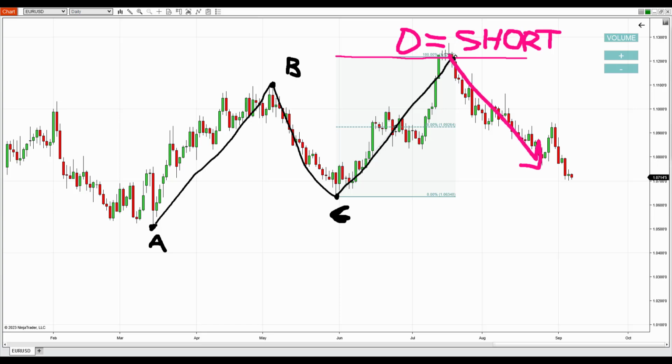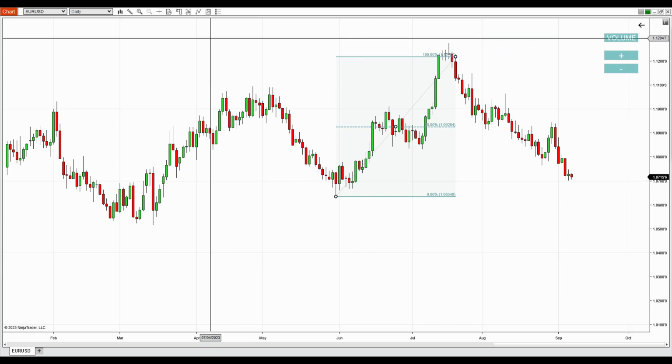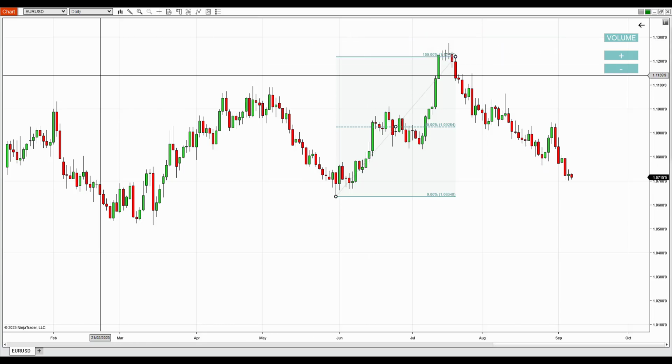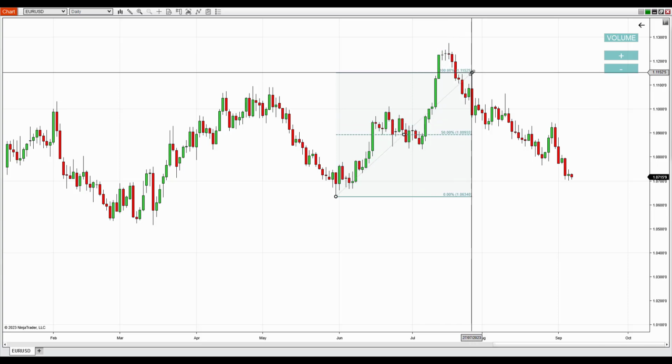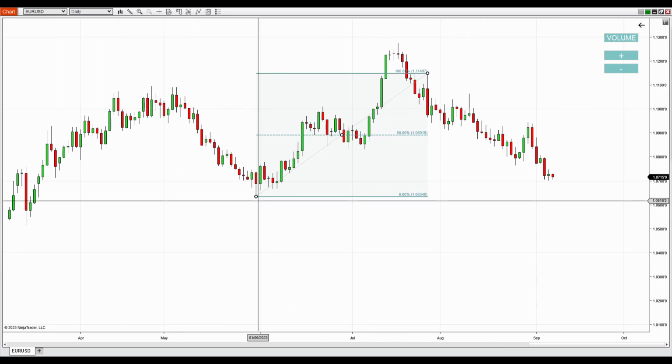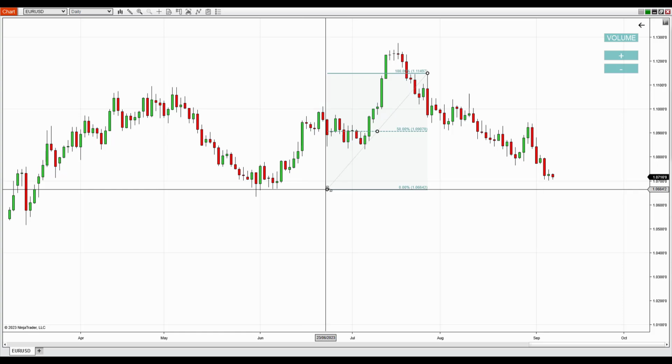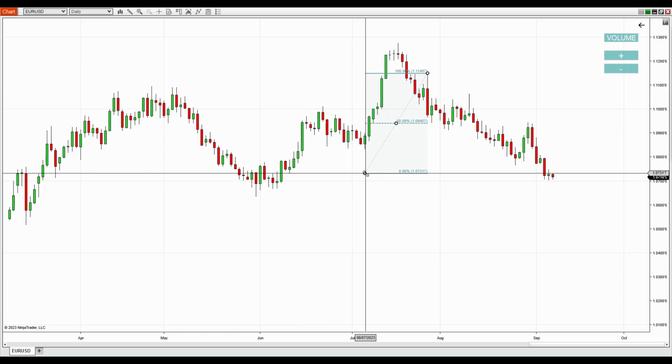Now so far I've been showing you short trade scenarios because most of those were in this 12-month period, but there's also one long trade scenario which I can see in here. It's not too big, it's a bit smaller, but still there's that wave-like pattern.